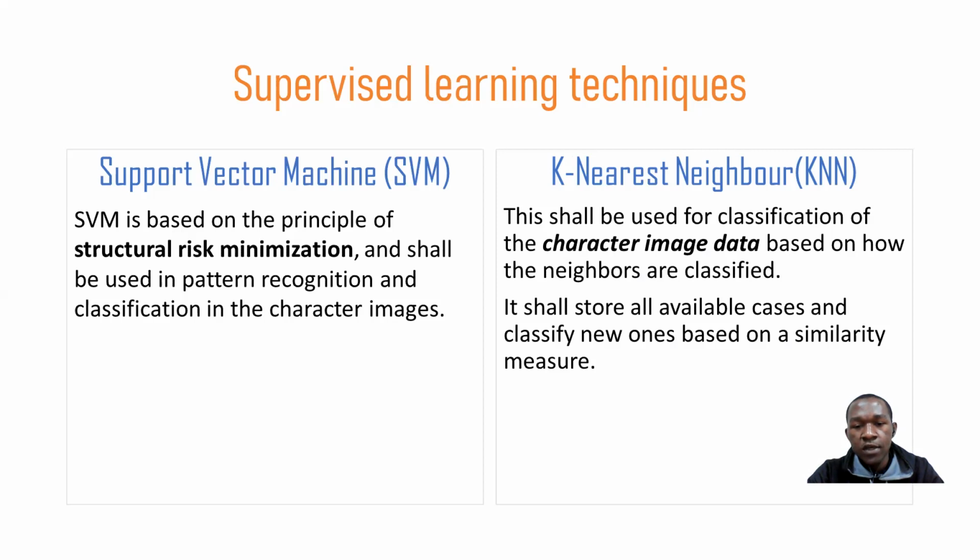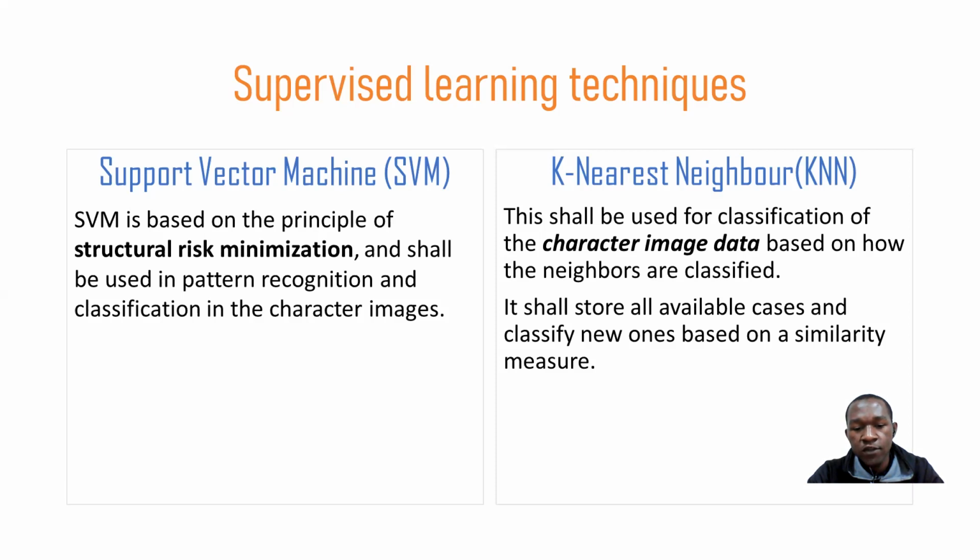This shall be used for classification of the character image data based on how the neighbors are classified. By neighbors, I mean the character images previously given to the system. These would form clusters, and these would be the neighbors that we're talking about. It shall store all the available cases and classify new ones based on the similarity measure.